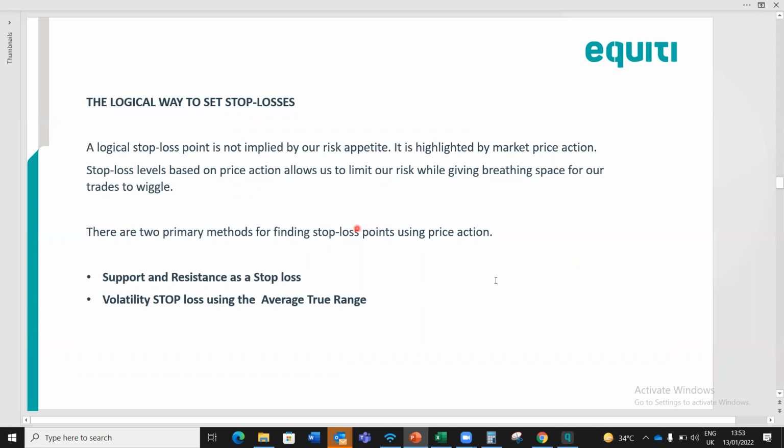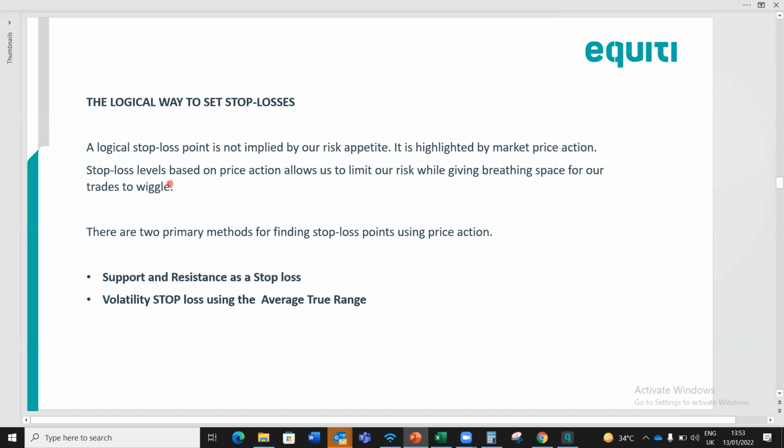That is why we always advise: trade the opportunity, trade what you find in the market at the time, and trade wisely. A logical stop loss point is highlighted by market price action. What you see in the market.